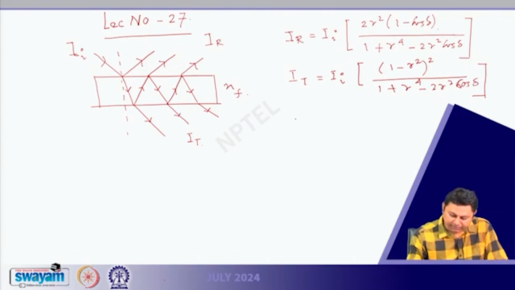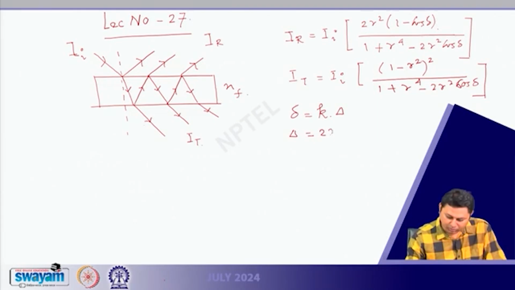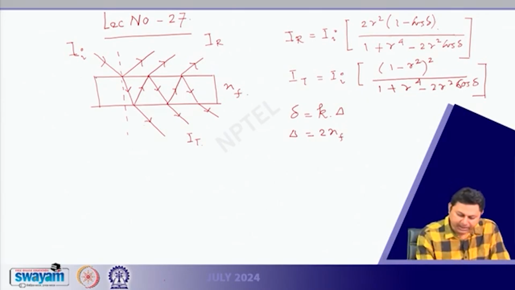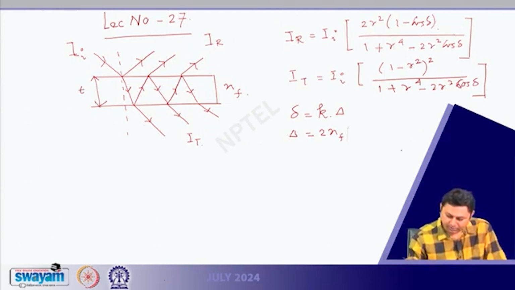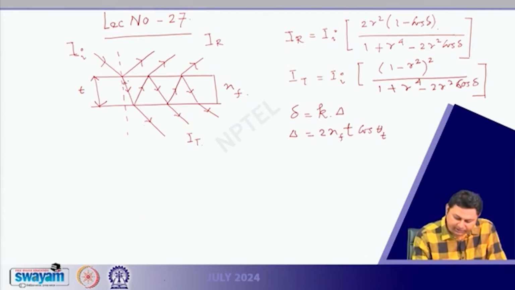Delta here, as I mentioned, is the phase difference, which is k multiplied by the path difference, big delta, where big delta is 2 nF, the refractive index of the film, times the thickness of this film t, times cos theta t, where theta t is the transmitted angle.